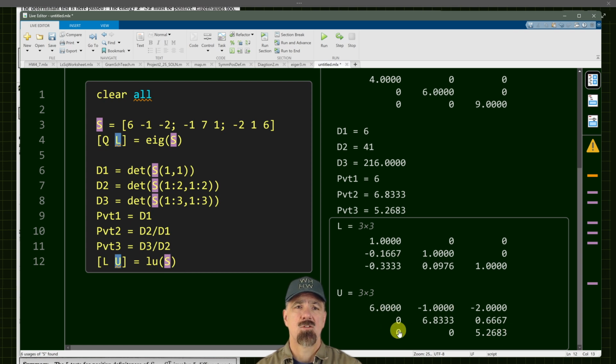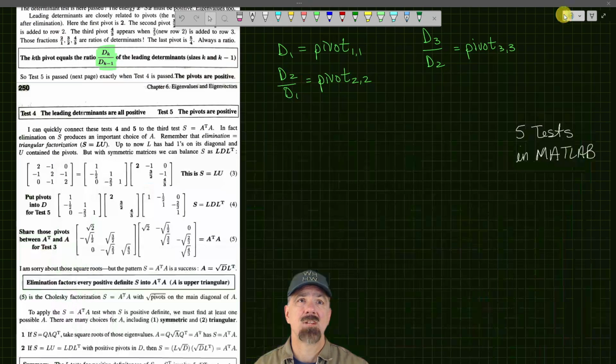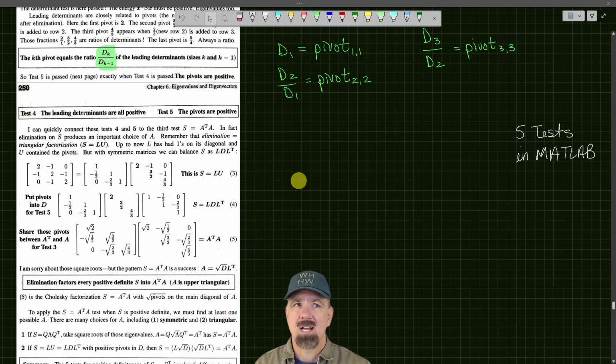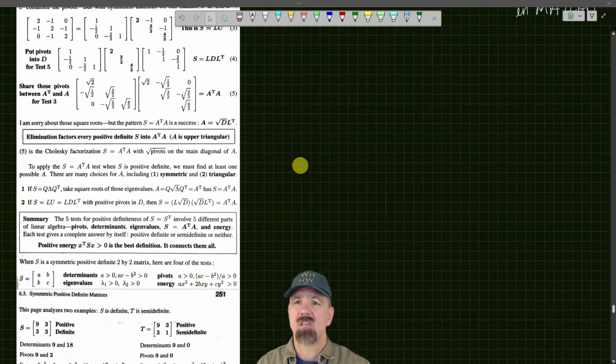And then here's our upper triangular matrix with the pivots 6, 6.8333, and 5.2683. So all of these tests give us a means of finding that we have a positive definite symmetric matrix. And the way we actually talk about it is symmetric positive definite.